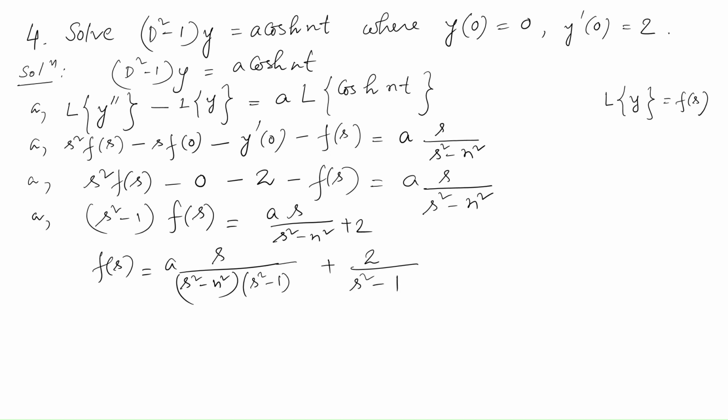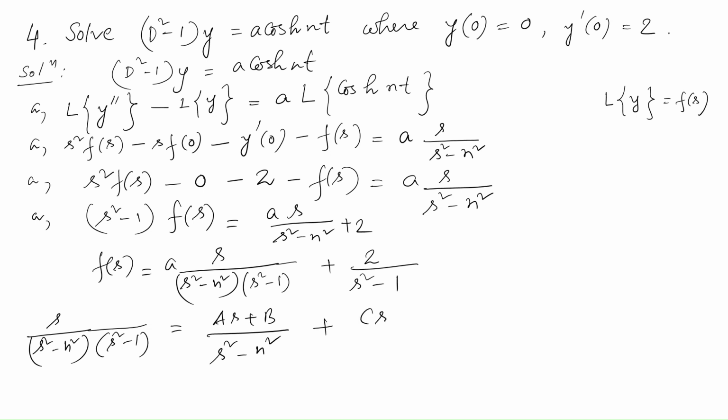Now let us find this s by (s square minus n square)(s square minus 1) in partial fractions. So let us take s by (s square minus n square)(s square minus 1) as (As plus B) by (s square minus n square) plus (Cs plus D) by (s square minus 1).